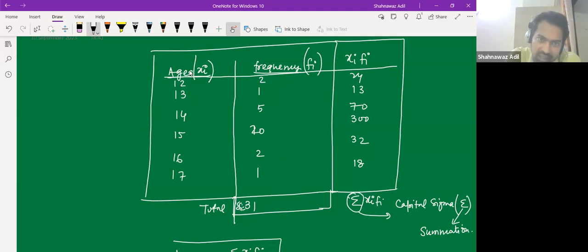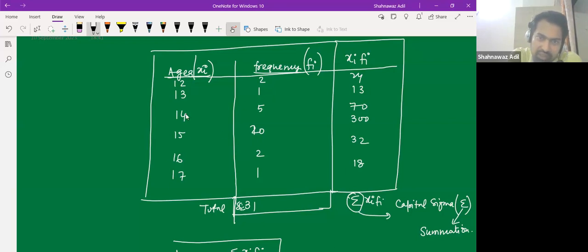In one column you have ages, and in the other column you have frequency, how many times each occurred. Let's say two students are of age 12 in your class, one student is age 13, five students are of age 14 years, and 20 students are of age 15 years.